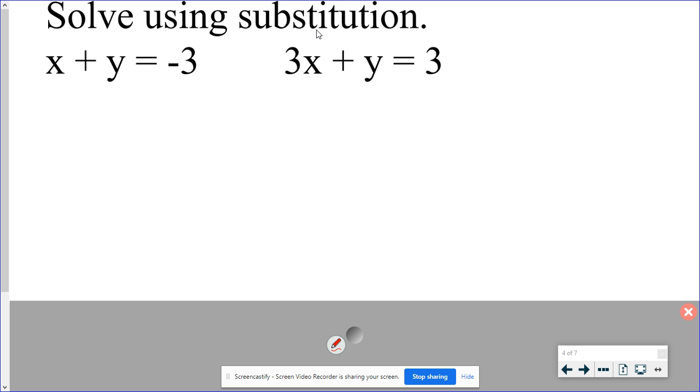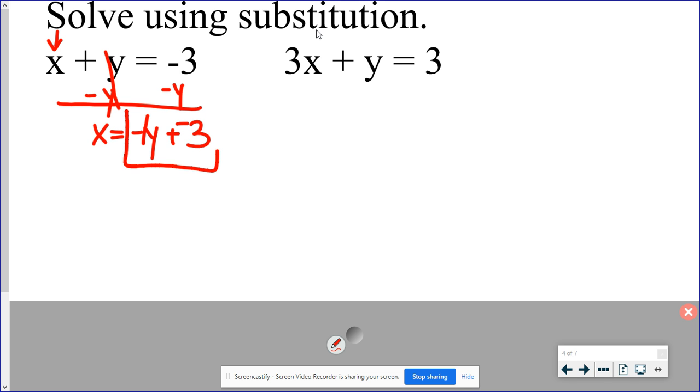In this first equation, I'm going to pick the x. This is what I am going to get by itself. So I would subtract 1y. I'll have x equals -y minus 3, or plus a -3. You can put a 1 there if you want to. But that is my x.